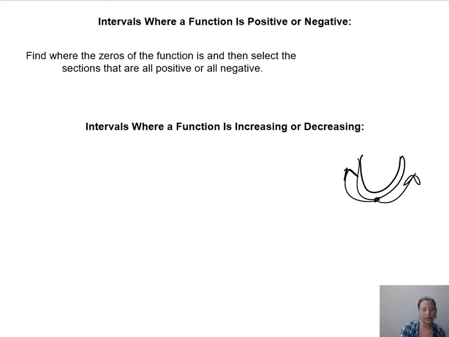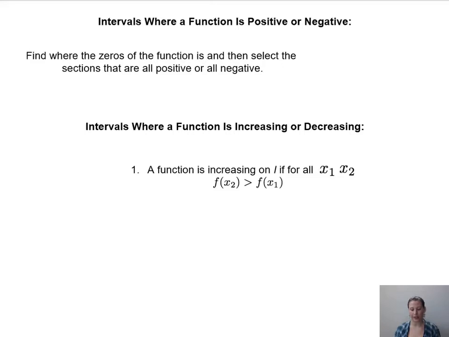All right, so now let's talk about the formal definition of increasing. A function is increasing on the interval I if for all x1 and x2, so all x values, f of x2 is greater than f of x1. Let's break that down. What does that mean? Because that formal definition doesn't mean much to us, right? If we have a graph here, we have an x1 and an x2.